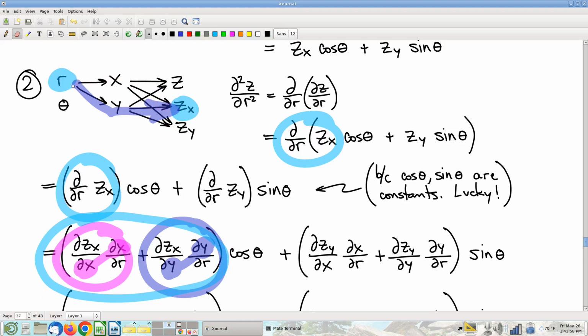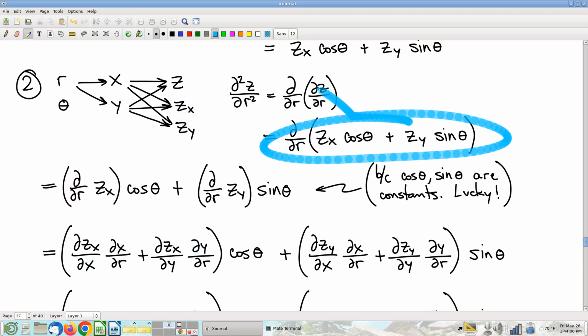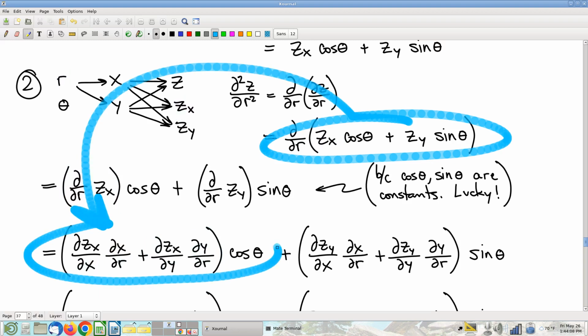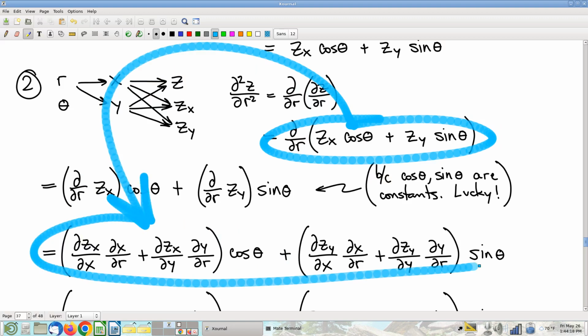A lot of students will make mistakes because they try to go from here all the way down to here, maybe all in one step.